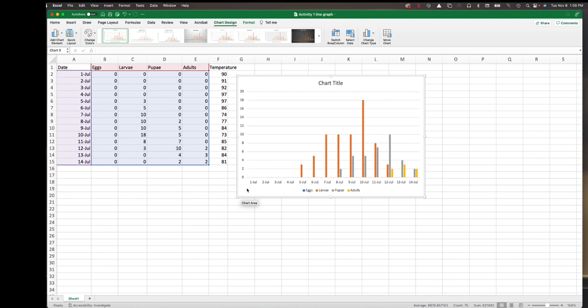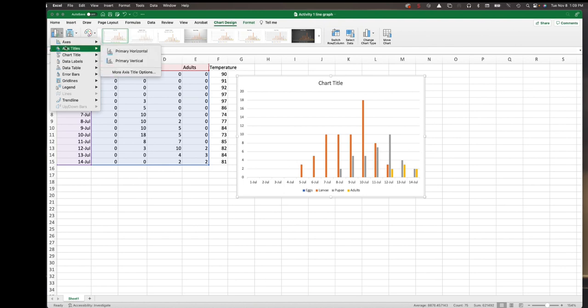How about the vertical and horizontal axis? They need some explanation. So when my chart is active, and I can see that it's active by the dots on the side, I can click on Chart Design. I can click on Chart, Axis Titles, and I'm going to choose Primary Horizontal.